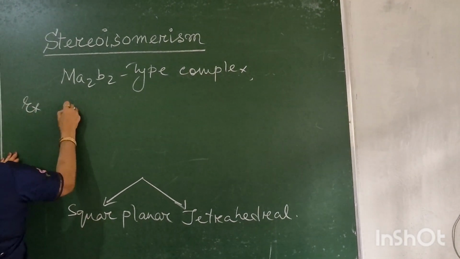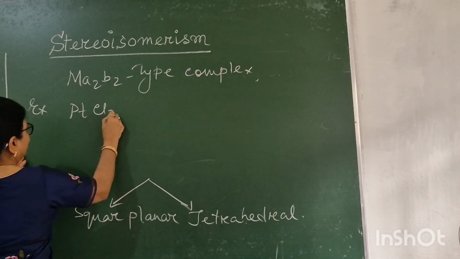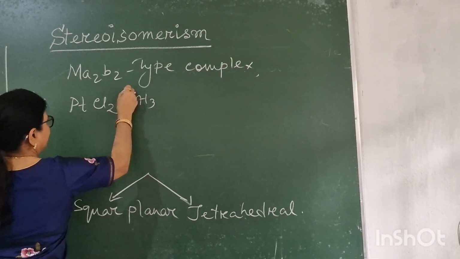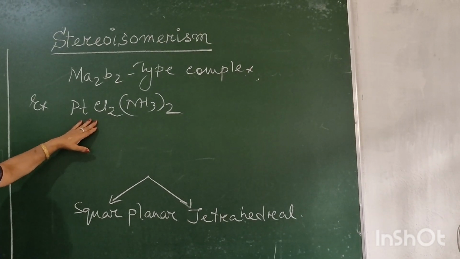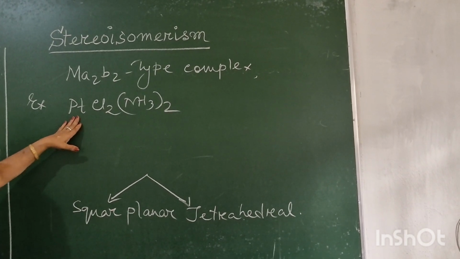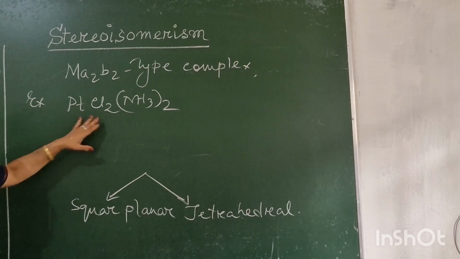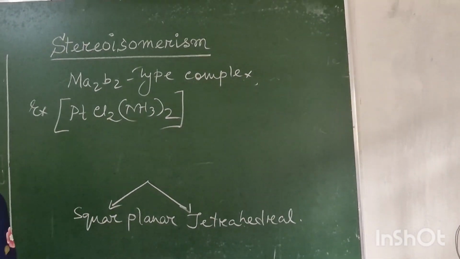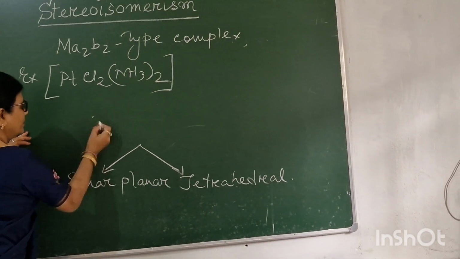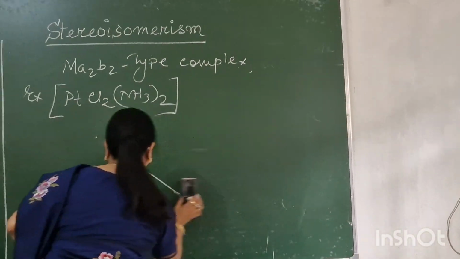An example is Pt(NH3)2Cl2. This is the square planar complex of platinum. Platinum is the central atom. The coordination number of platinum here is 4. You see, we get the square planar complex like this.